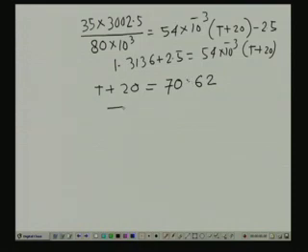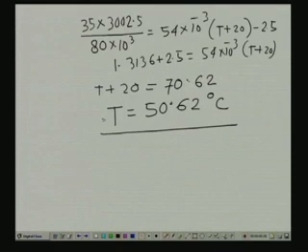And hence the capital T is equal to 50.62. So, if the temperature goes up to 50.62 degree centigrade from minus 20, then the bar will be experiencing a stress of 35 MPa.